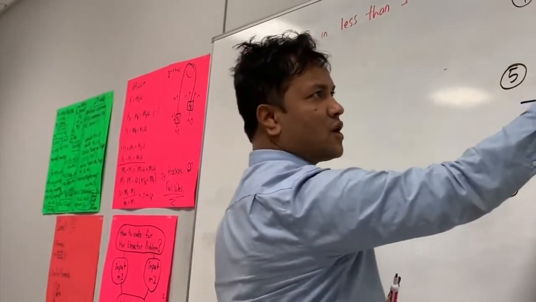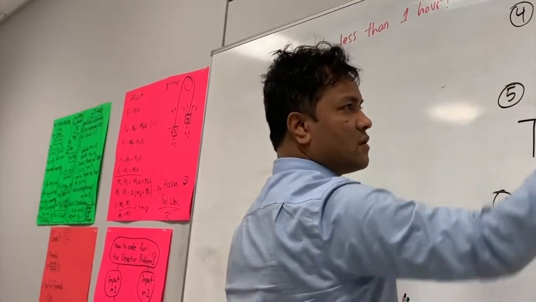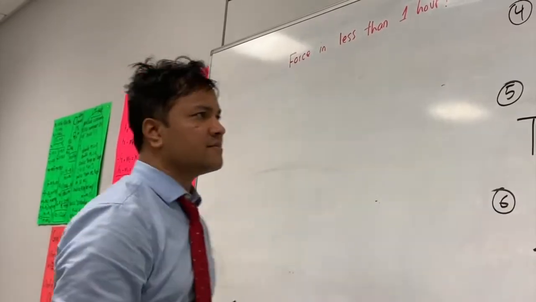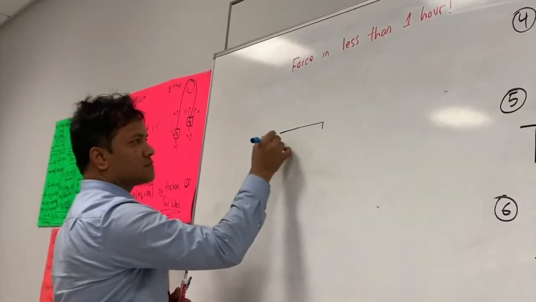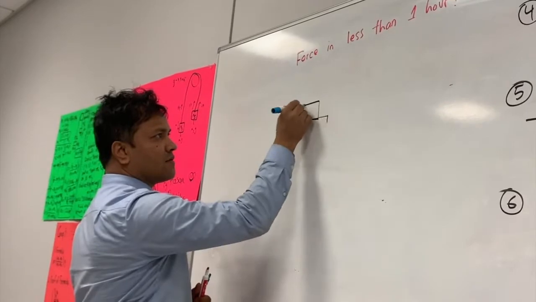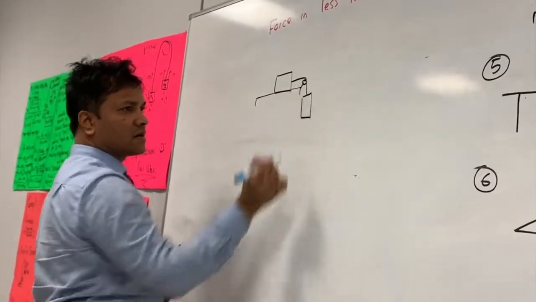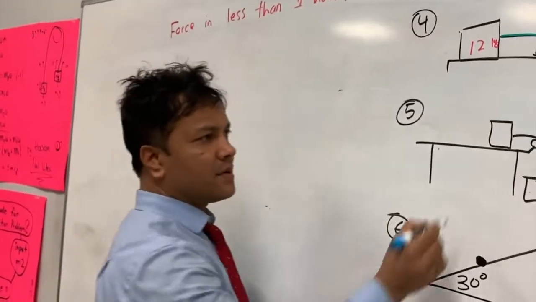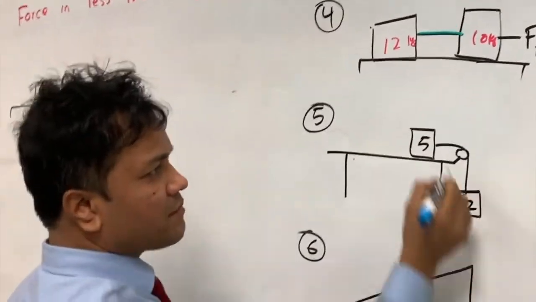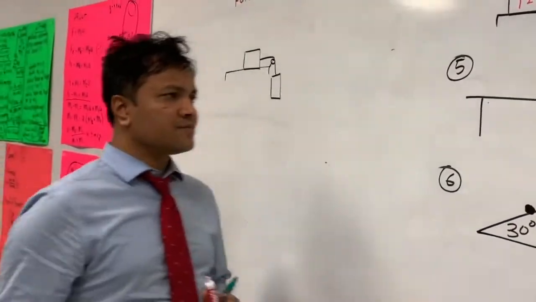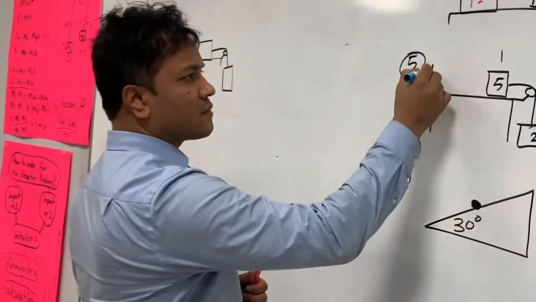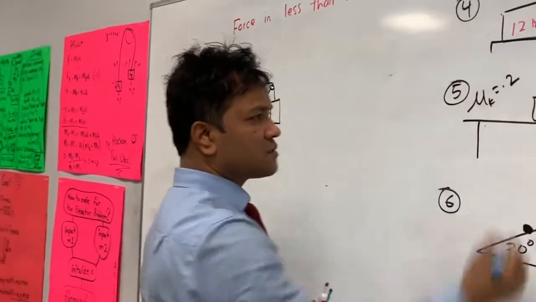Here, both boxes are sitting on the table. In number 5, one box is sitting on the table, one box is hanging. Let's make it 5 kilogram and 2 kilogram, box number 1, box number 2. Let's put friction. Mu k is equal to 0.2.